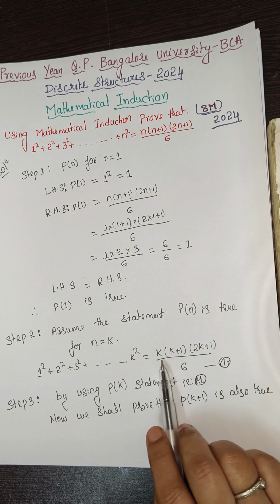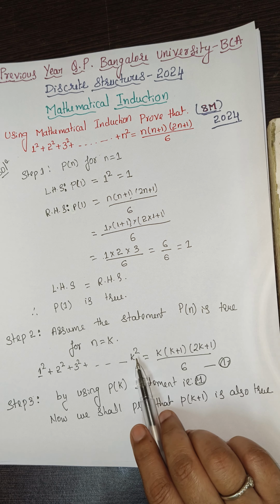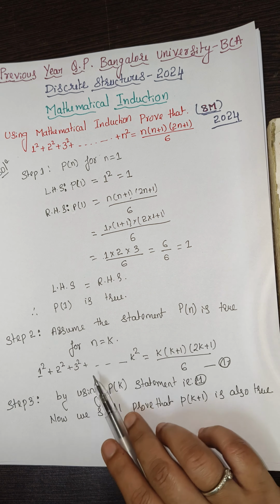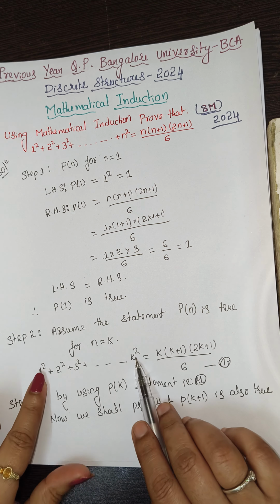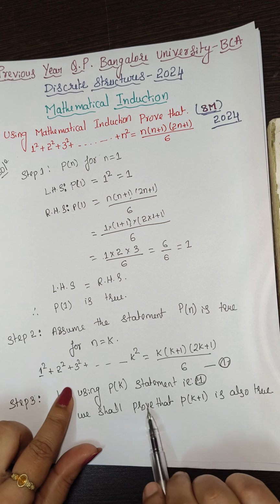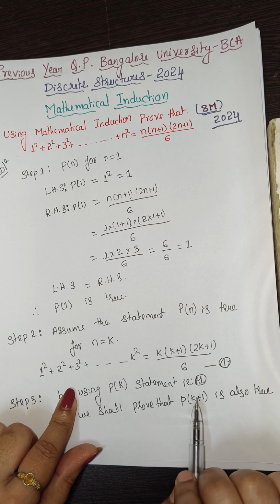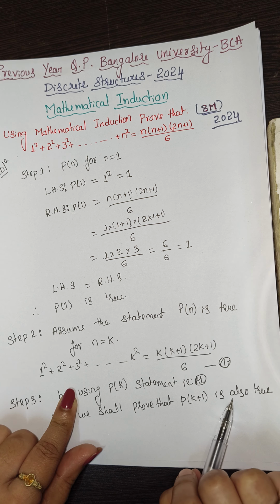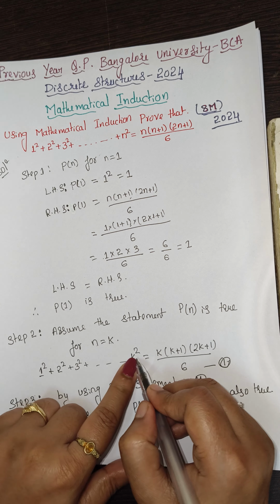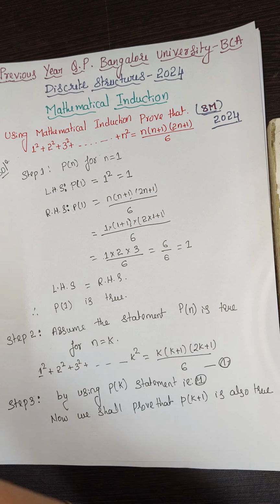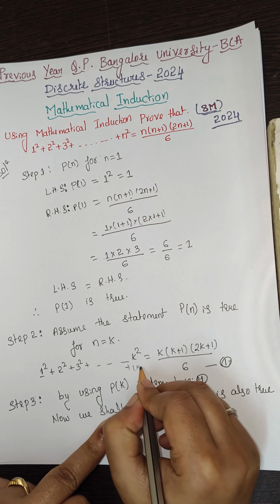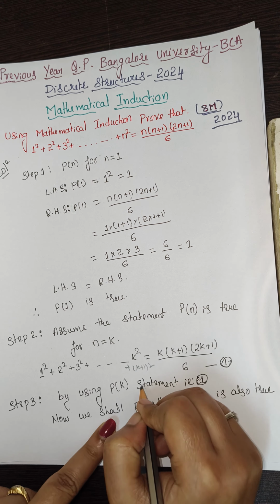How to solve: we see the left side and add to it. For k plus 1 to be true, the next term k plus 1 whole square should come in the left side.